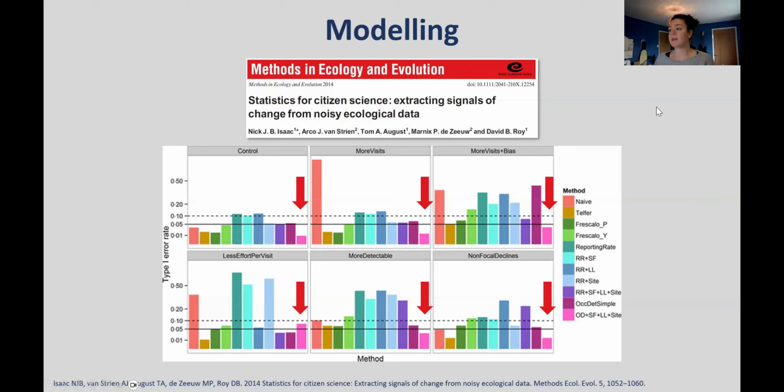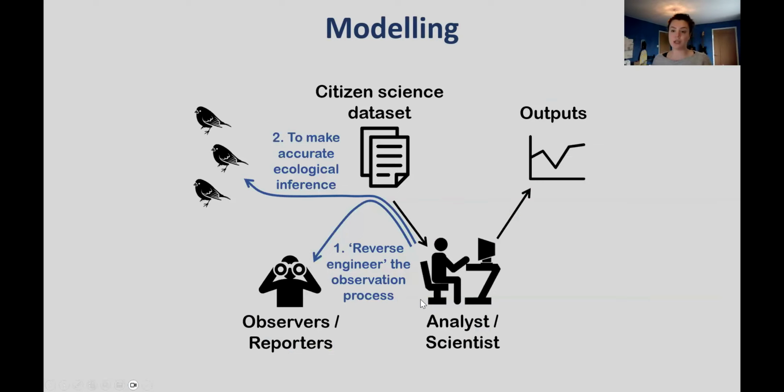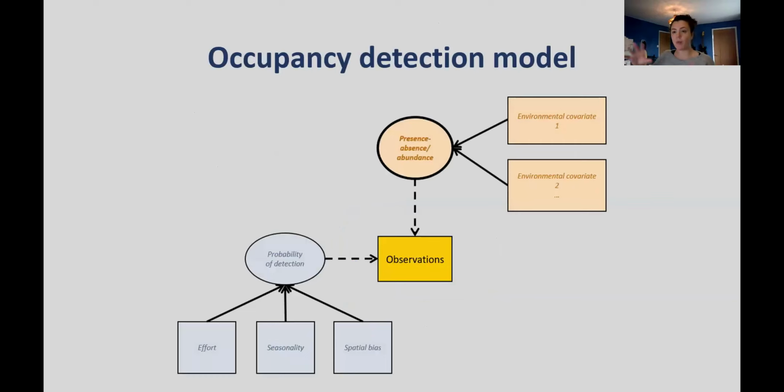Now, it can do that because it can reverse engineer the observation process by explicitly accounting for some of the biases that we know are present in the data, so that we can make accurate ecological inference and produce outputs that are unbiased. This type of model is an occupancy detection model. And the way it reverse engineers the observation process is by actually separating out the two processes into sub-models that are linked by the data.